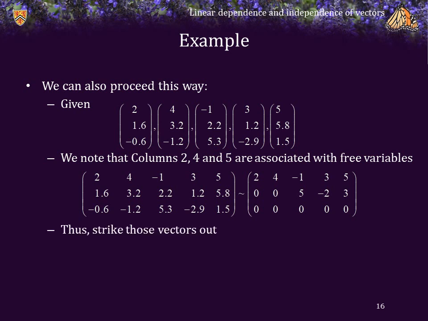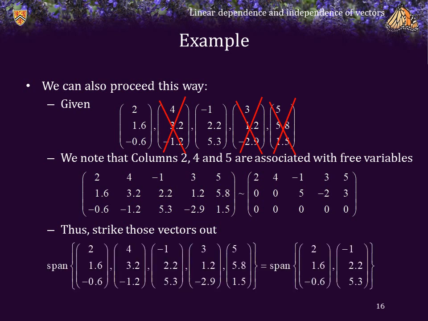Thus, strike those 3 vectors out from the original collection. Thus, we now know 2 things. First, we know that the span of the 5 vectors equals the span of the 2 remaining vectors, but not only that, we know that the remaining 2 vectors are linearly independent of each other.